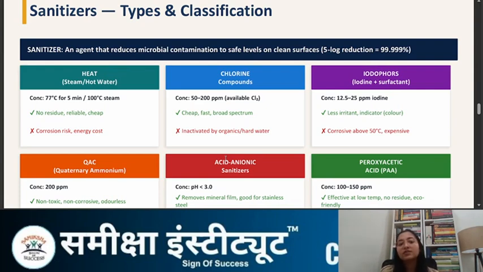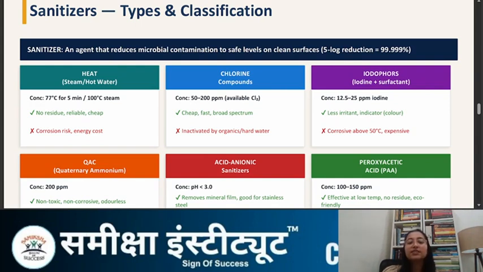We studied how sanitization means reduction of the pathogens and the microbial load. So a sanitizer is an agent which reduces the microbial contamination to safe levels on the cleaned surfaces. Basically it should reduce the microbial load by about 99.99%. It should be able to remove the microbes up to 99.99%.